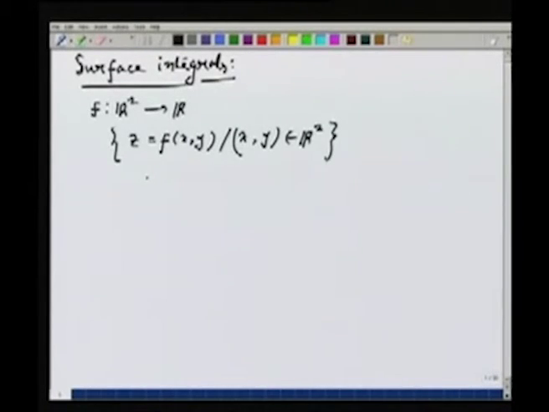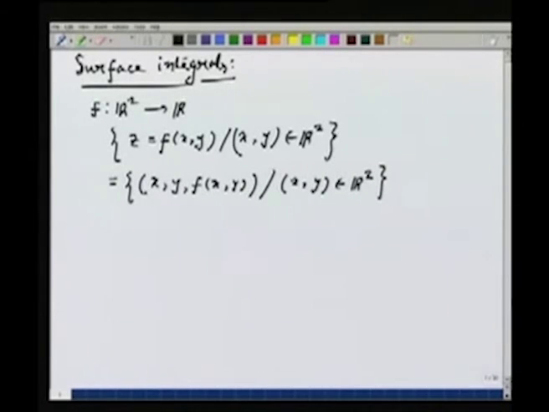What do we mean by this? We actually mean this subset of R3, that is (x, y, f(x, y)), where (x, y) is in R2. Well, this is just the graph of the function f, which is defined from R2 to R.